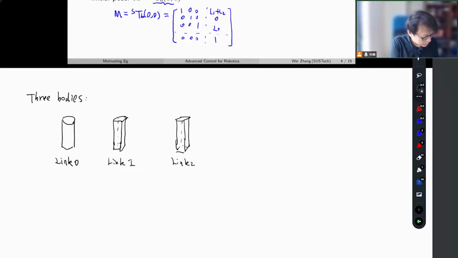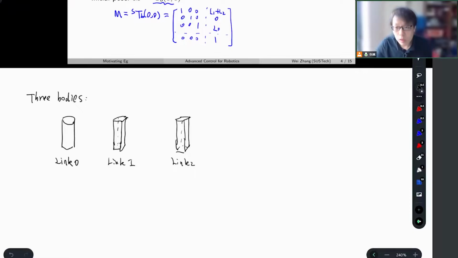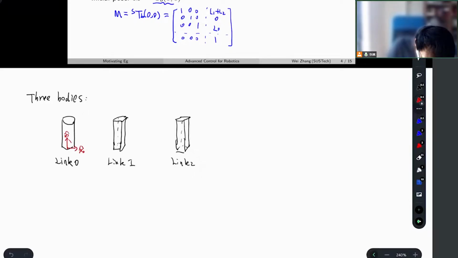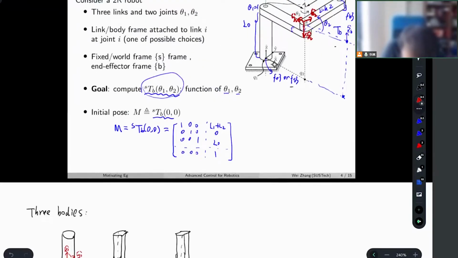Whenever you define a body in any kind of URDF or even in Drake, you have to be aware that there's some body frame locally attached to the body, right? In this case, this is maybe X0 hat, this is Z0 hat, this is Y0 hat, right? That's exactly what we have here.